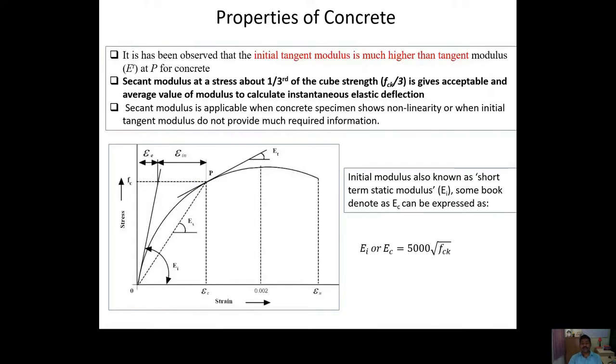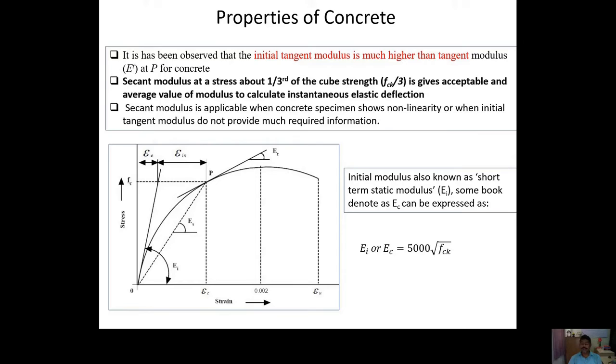Here you see from the graph that the initial tangent modulus normally comes higher than the tangent modulus or the secant modulus. And the secant modulus sometimes gives a reasonable result when we connect two points, one at the origin and another at one third of the maximum compressive strength value. Suppose fck is 20, then 20 by 3 comes to 6.33.